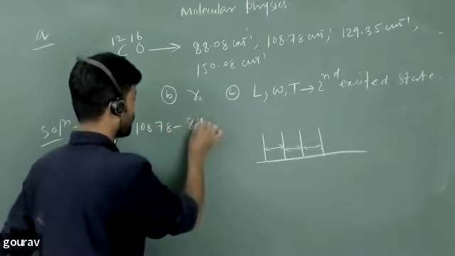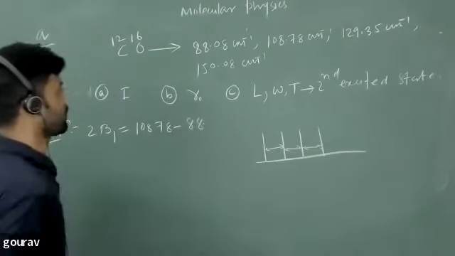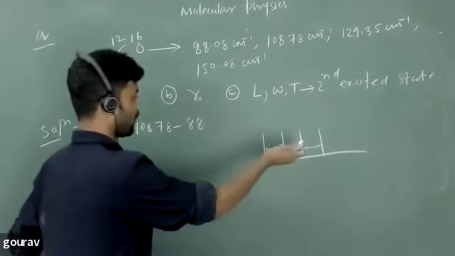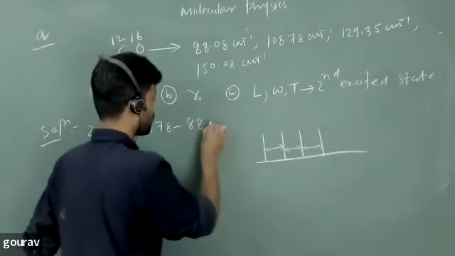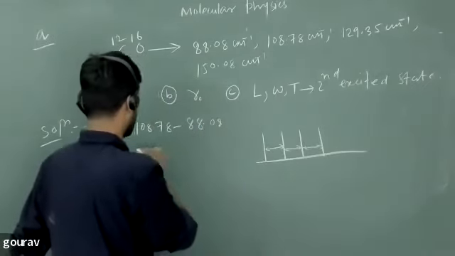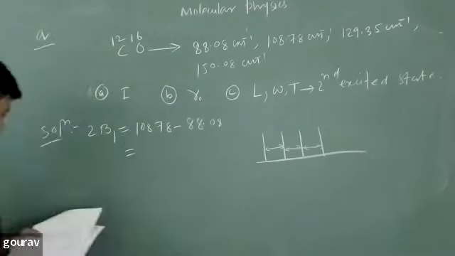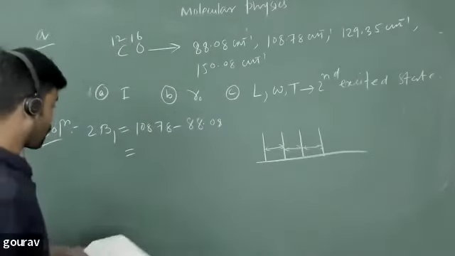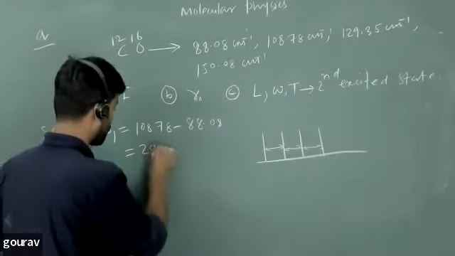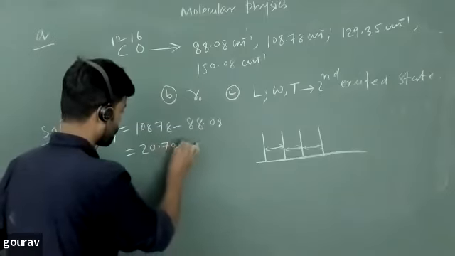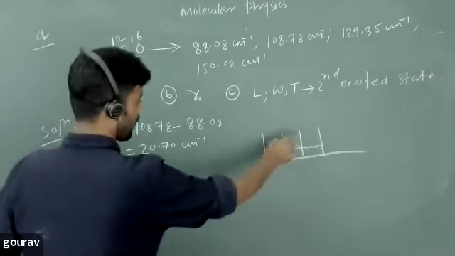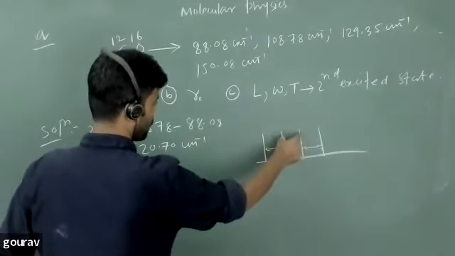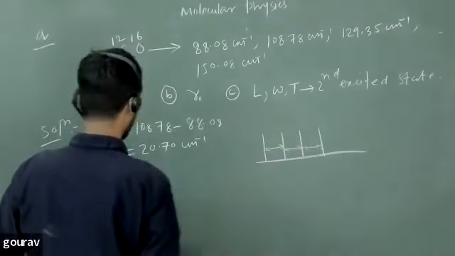As I told you, experimentally there will always be a little deviation, so when you write 2B, you have to take the average. From here, I have calculated it, it will be 20.70 centimeter inverse.